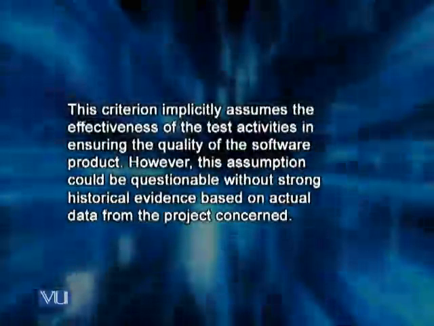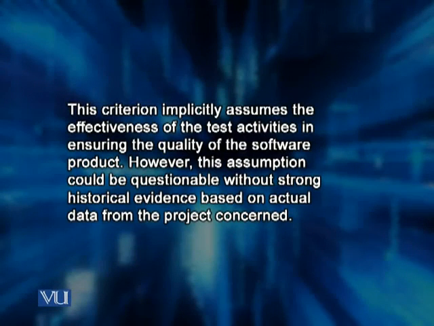This criteria implicitly assumes the effectiveness of test activities in ensuring the quality of the software product, because when we were planning test activities, we were keeping software quality in mind. And that was our prime objective in performing the test planning and preparation.